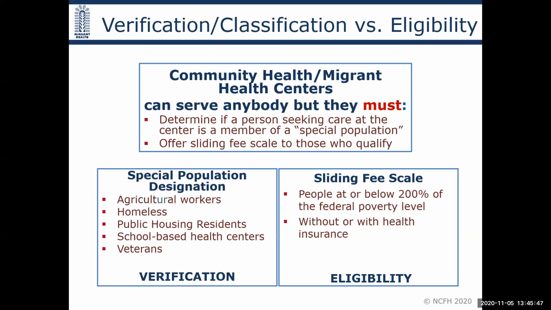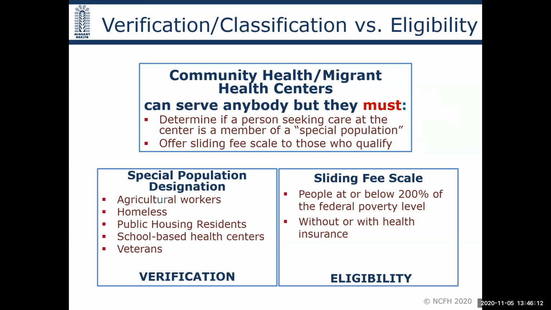So community migrant health centers can serve anybody, but they must determine if a person seeking care is a special population and report that for UDS. And then if they have a sliding fee scale, that's applied to everyone. So it's not specific for ag workers or another population. Their sliding fee scale goes across the board, the same for everyone.